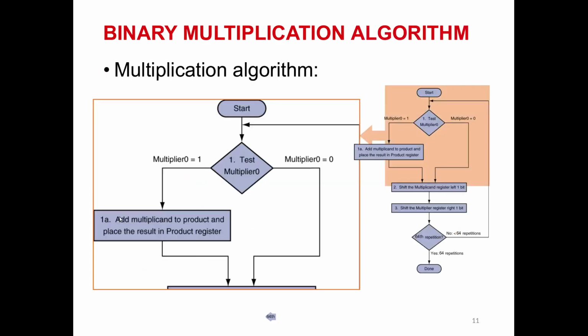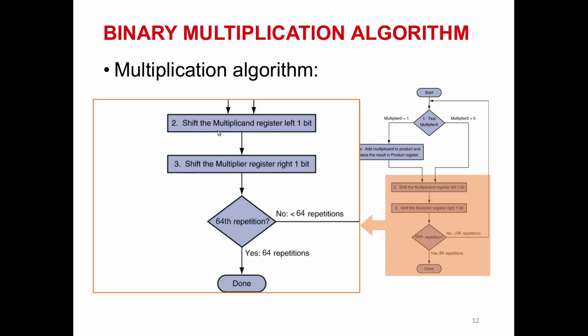So here after we test this bit, if it is 1, we will add the multiplicand to the product and place the result in the product register, and then we will go down here.